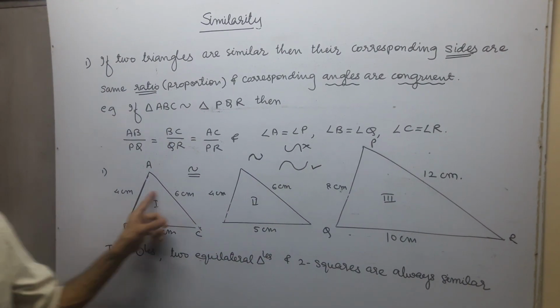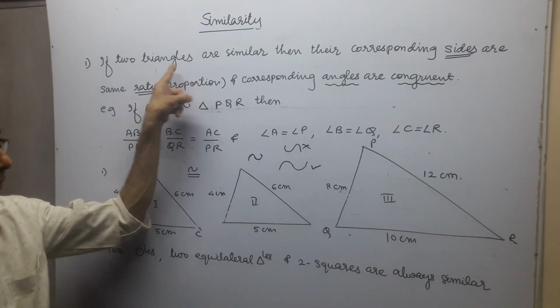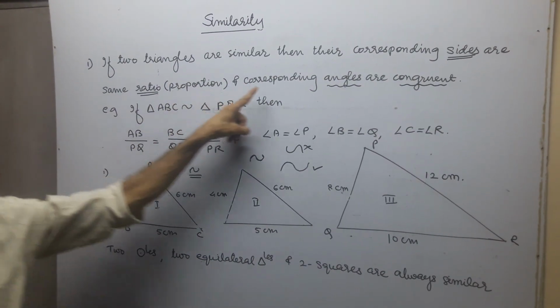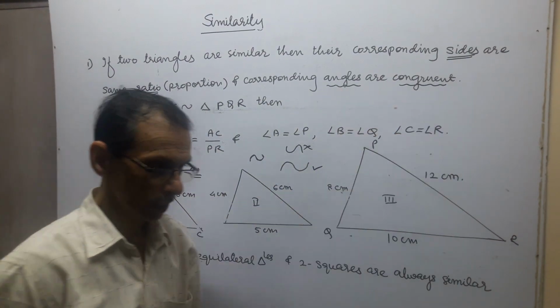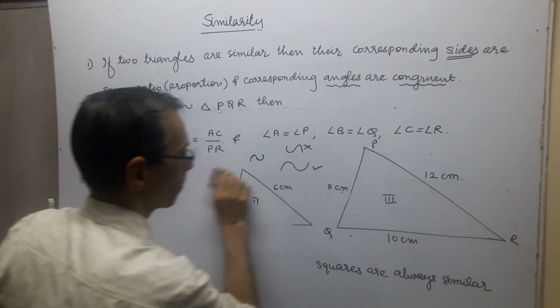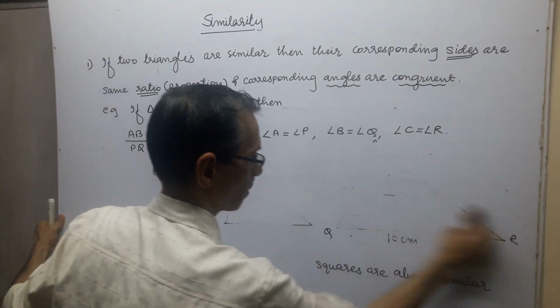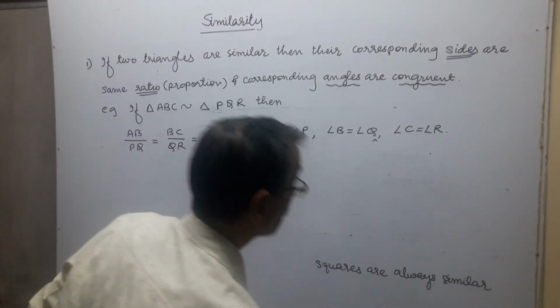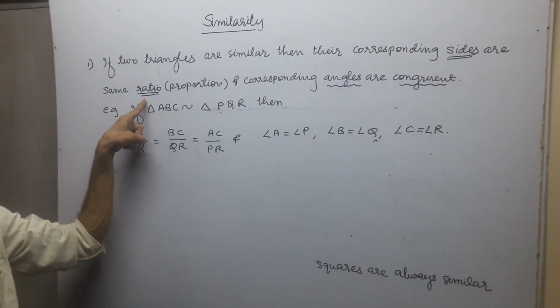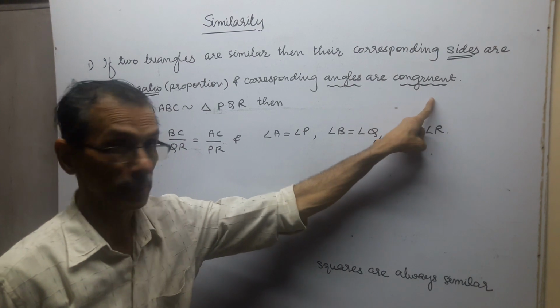So if two triangles are similar, then their corresponding sides are in the same proportion or same ratio, and corresponding angles are congruent. Keep in mind: sides in the same proportion, angles congruent.